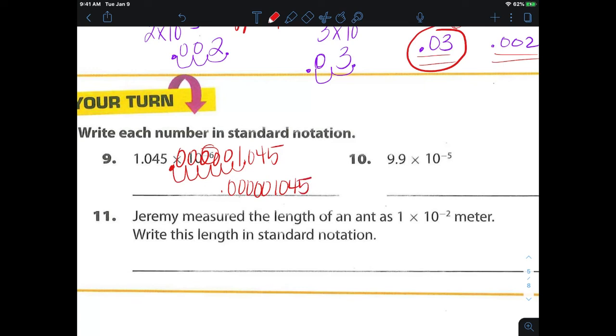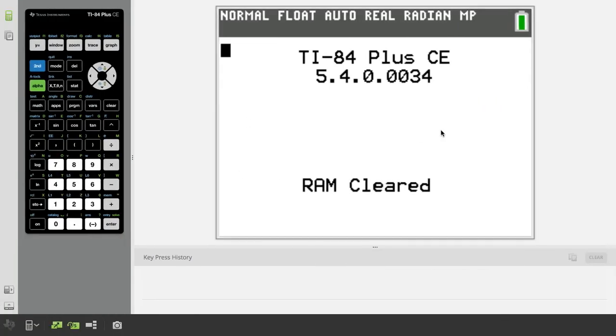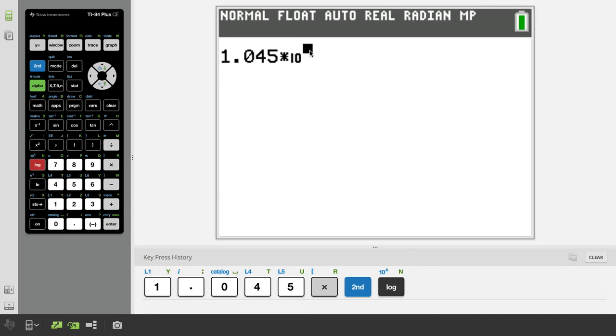Okay, so now is the perfect time for us to go ahead and check out our calculator. I'm going to go to the main screen of my calculator. I'm going to type in the original one, 1.045 times 10 to the power of negative 6.